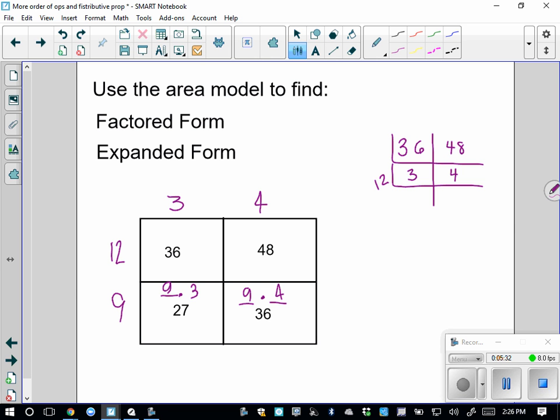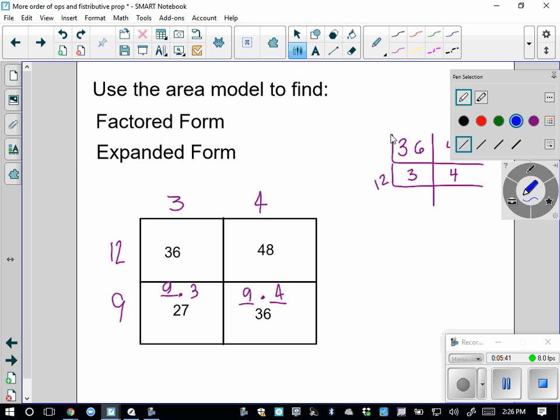So that's good. So for the factored form, remember we looked on the outside. So we have 3 plus 4 times 12 plus 9.